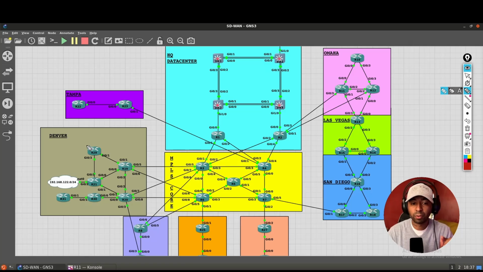In this case, router 29 will be the server. Router 21 will be the router point. I'll call it router point because the name is too complicated. I couldn't believe how hard that name is.